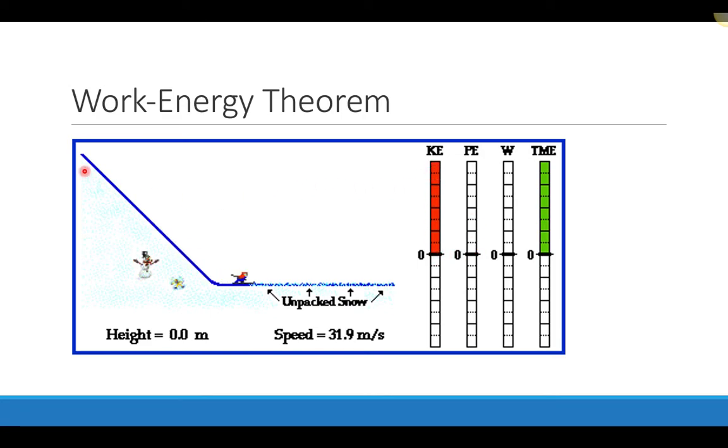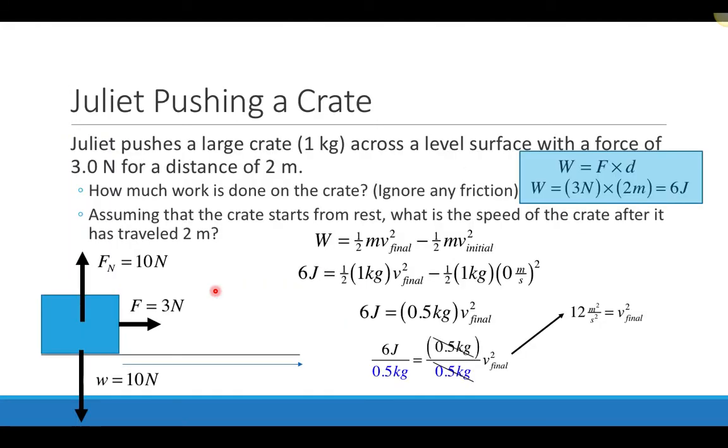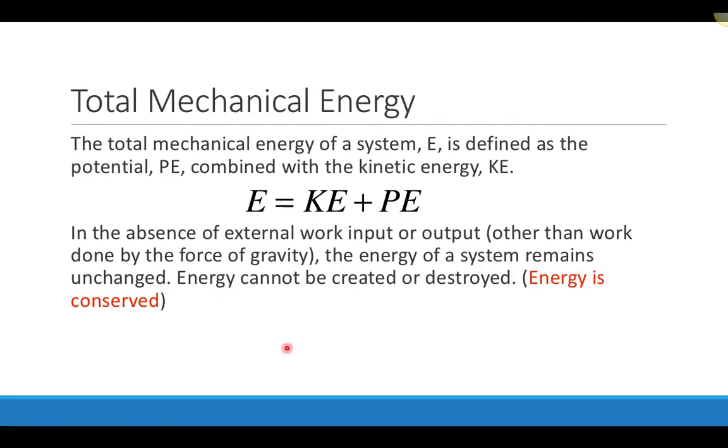And so along that incline, the only work that's being done is work that's being done by gravity. So mechanical energy is this combination of kinetic and potential energy. In the absence of any other forces other than the force of gravity, the potential energy plus the kinetic energy is going to remain unchanged.